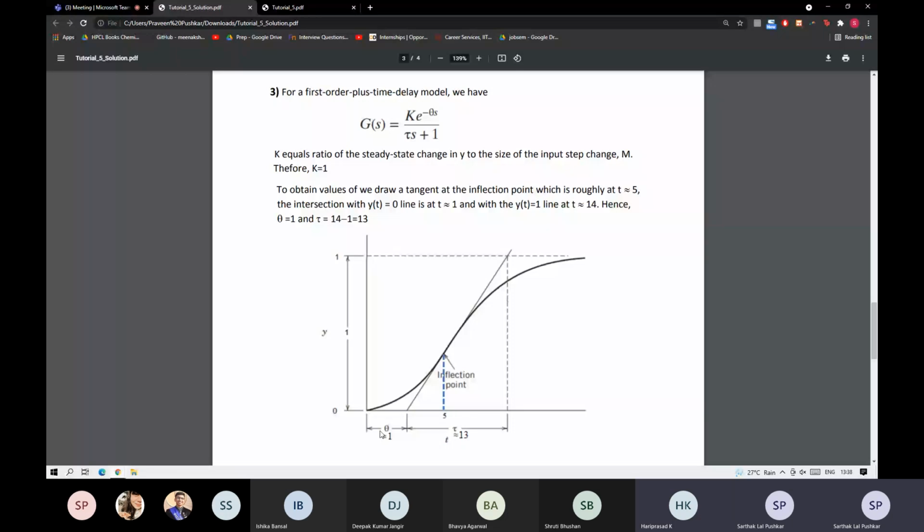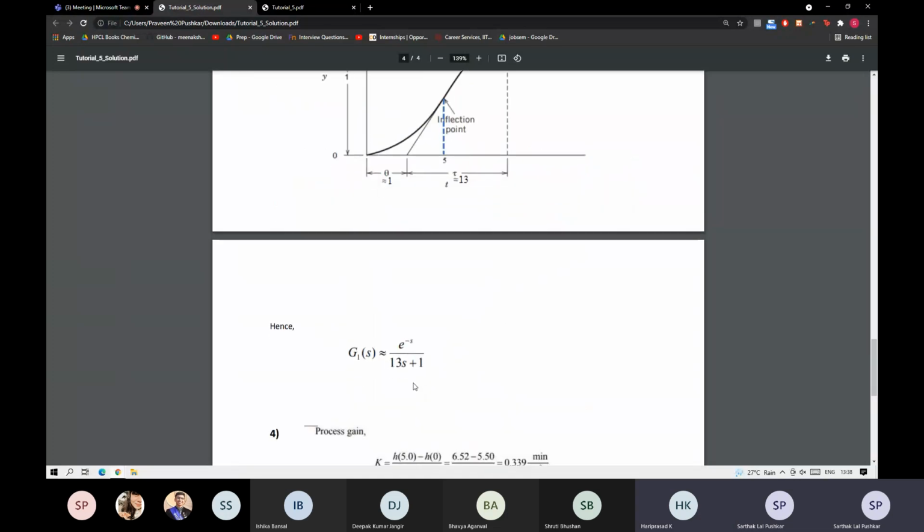So this part from here is tau, and this whole line is theta plus tau. So you can get tau as 14 minus 1, that is 13. So this is how you will get the final function.